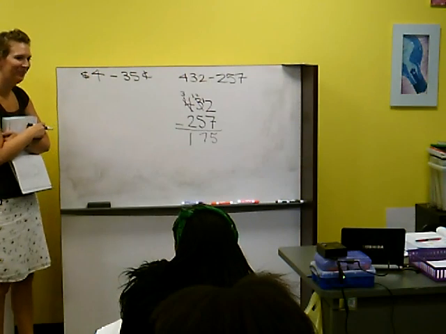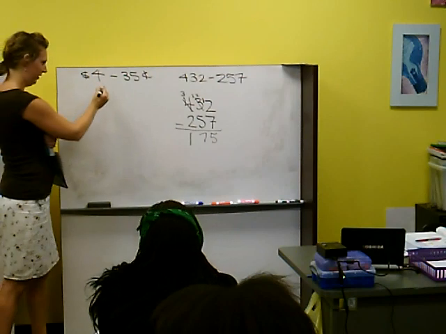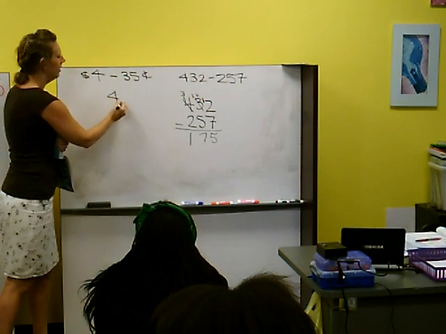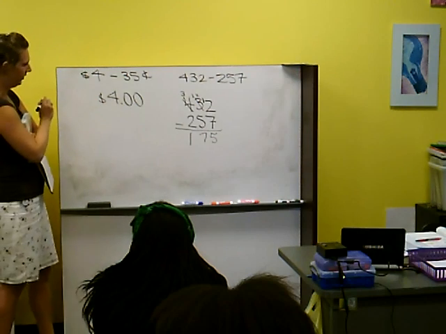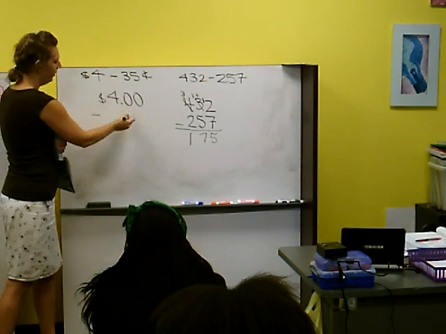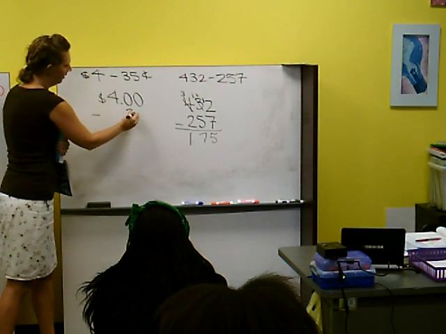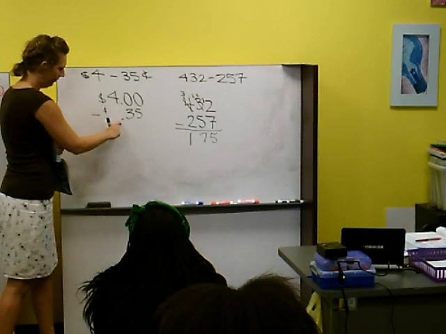What are we going to do? Change it the right way. Okay, so you put your 4.00 here. So she changed it into dollars. Good. And you put your 35 cents under the 2 zeros. Good. So that cent sign, we can change it to a dollar sign and a decimal, right?